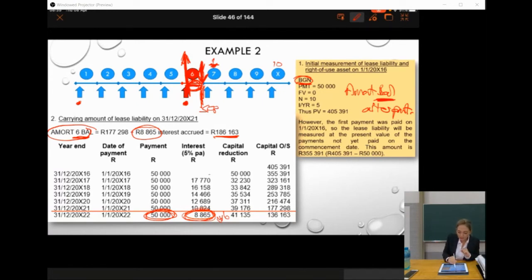When we pay our 7th payment, 1, 2, 3, 4, 5, 6, 7, if we do the amort split, we see how much interest is included in that payment and what the capital portion is. With the 50,000 payment for payment 7, we are actually paying the interest for year 6.